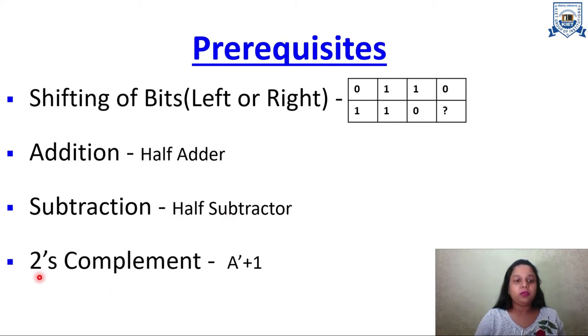Next we have 2's complement. 2's complement is nothing but, if A is some digital value, then if we do A bar plus 1, it means the complement of A and adding 1 to it. This will give the result of 2's complement of any binary digit, that is 01, 10, anything.